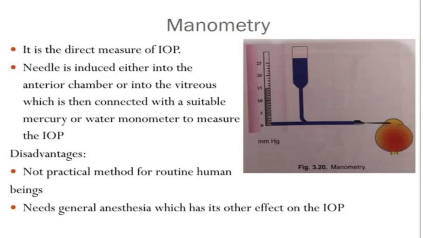In summary, tonometry and manometry are techniques used to measure intraocular pressure, and they can be classified based on the instrument used, the method of measurement, or the type of contact with the eye.